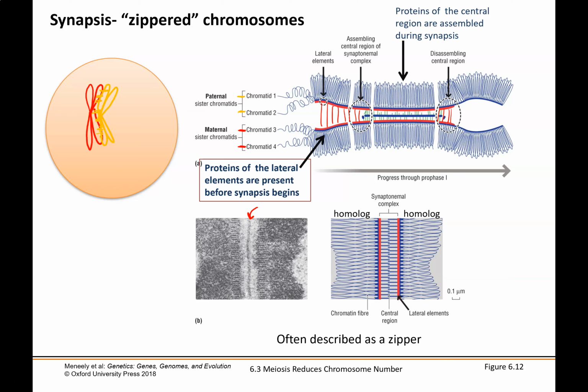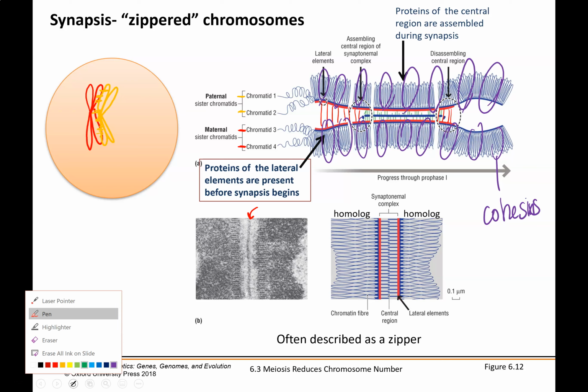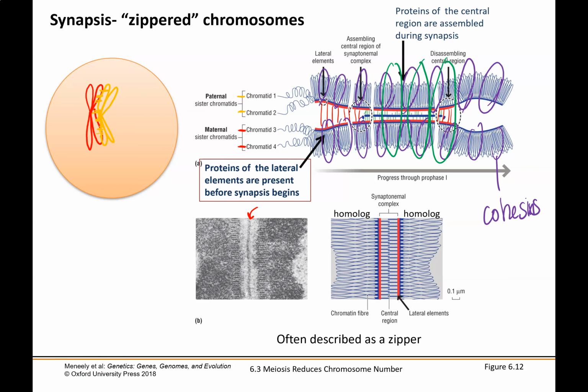So also during synapsis, we have another set of proteins called cohesins. Now, cohesins are sort of ring-shaped proteins that help to hold the sister chromatids together. So we have cohesins that are holding those sister chromatids together, and then we have another set of cohesin that's actually holding those homologous chromosomes together.